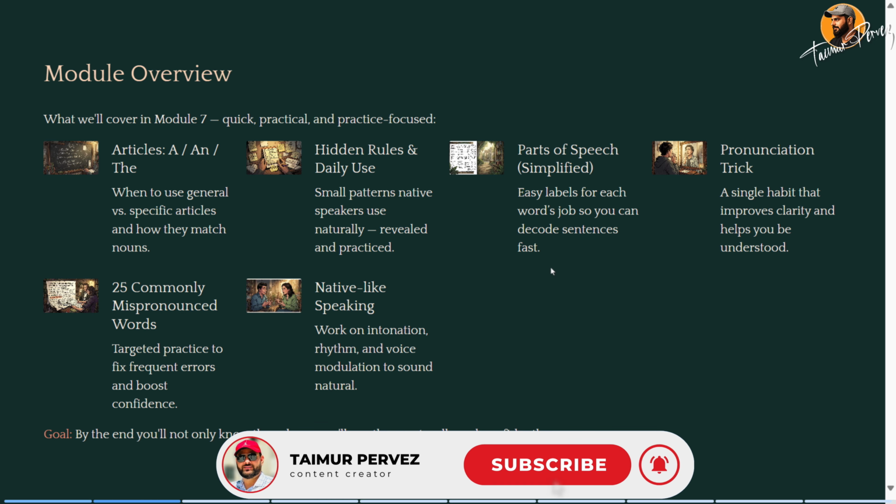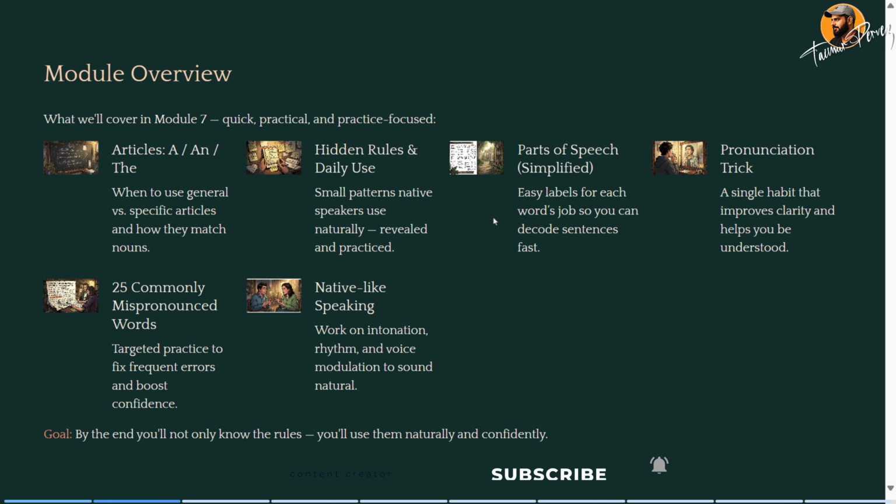And then we'll be learning parts of speech. Parts of speech हमने पढ़े हुए हैं, I know, but this is kind of an expanded version of this lecture. तो simplified होगा. मैं आपको कुछ easy labels सिखाऊंगी each words के लिए, तो आपको sentences decode करने में ज़्यादा आसानी होगी. Next is we are going to learn pronunciation tricks.